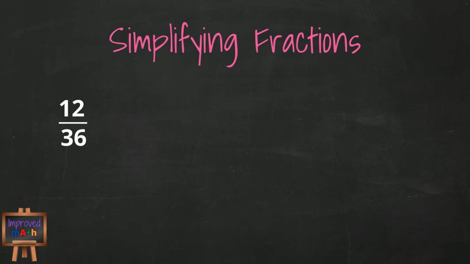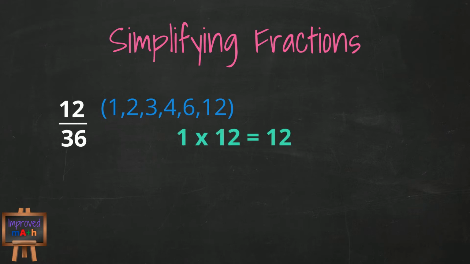Step 1, find the factors of both the numerator and the denominator. The factors of 12 are 1, 2, 3, 4, 6, and 12. 1 times 12 is 12. 2 times 6 is 12, and 3 times 4 is 12.